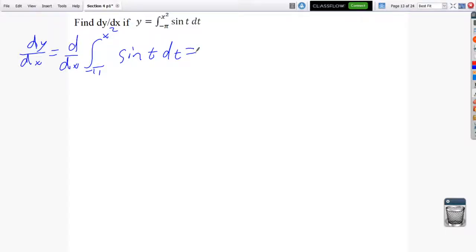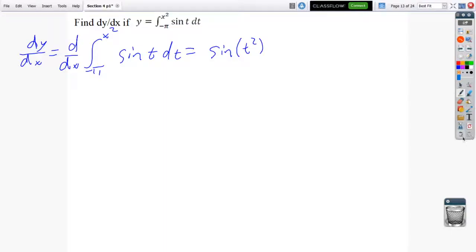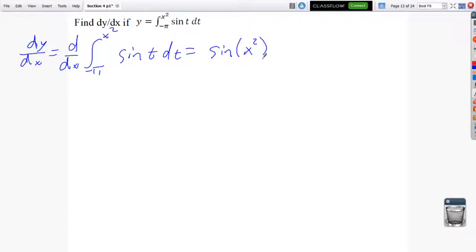And the C word I'm thinking about is chain. So what we're going to do here is we're going to take x squared and plug it in for t. We'll have sine of t squared, but not t squared. Why did I say t squared? We want to replace the t with x squared. I'm sorry. Sine of x squared.